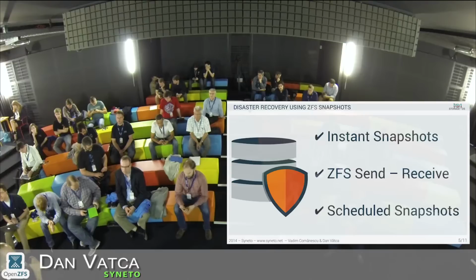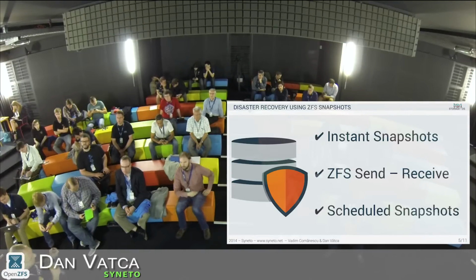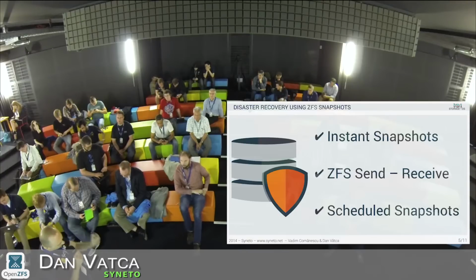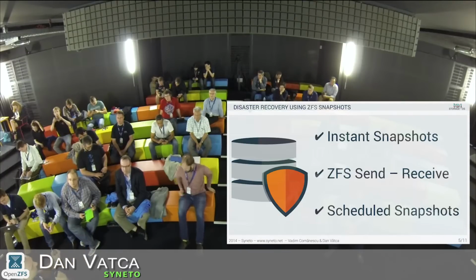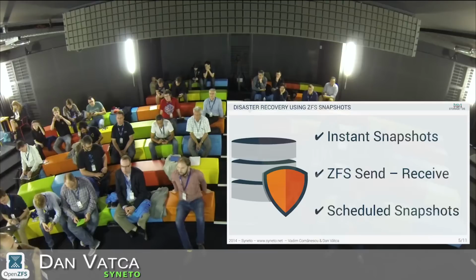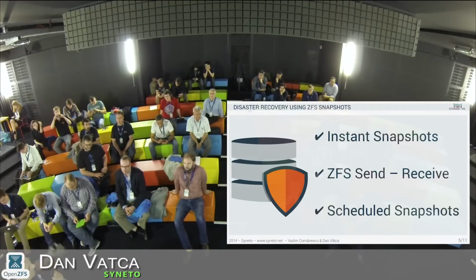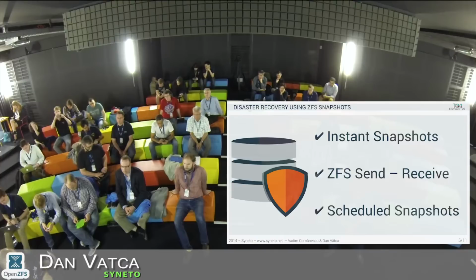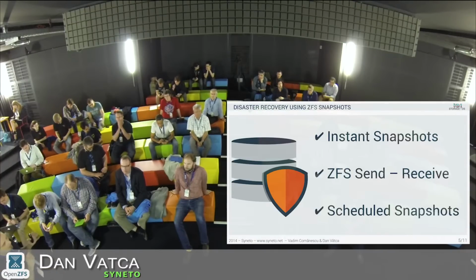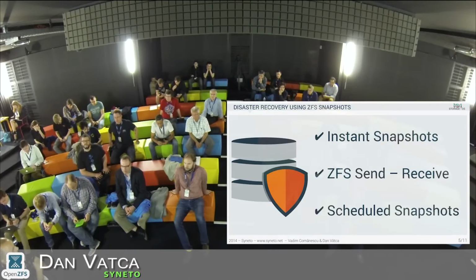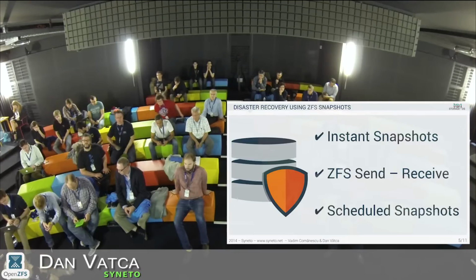So this is a huge advantage against traditional rsync, for example, or backups which every time they need to get the differences, they will have to traverse everything. The way ZFS is built allows this operation to be very, very fast, and compressing that over the line would shorten very much the amount of data and the amount of time required to transfer.